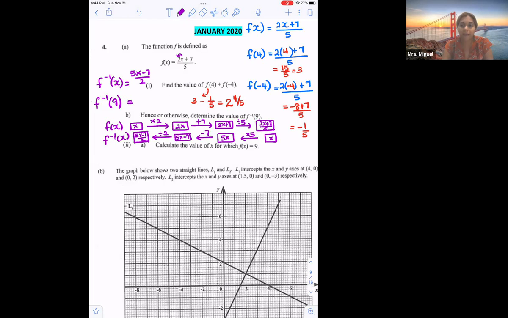Wherever you see x, you simply replace it with 9. The 5, negative 7, and 2 remain the same.